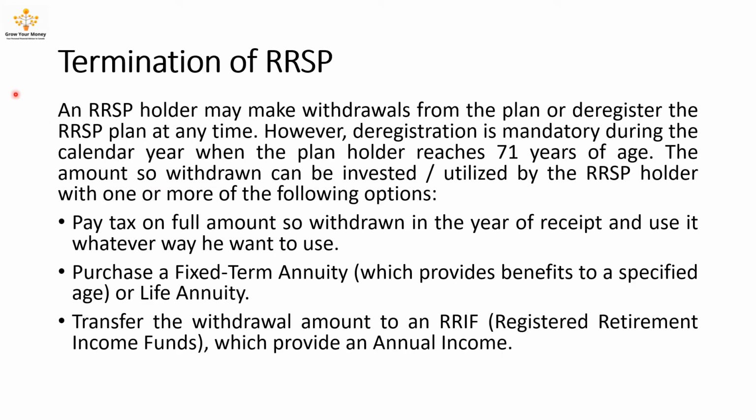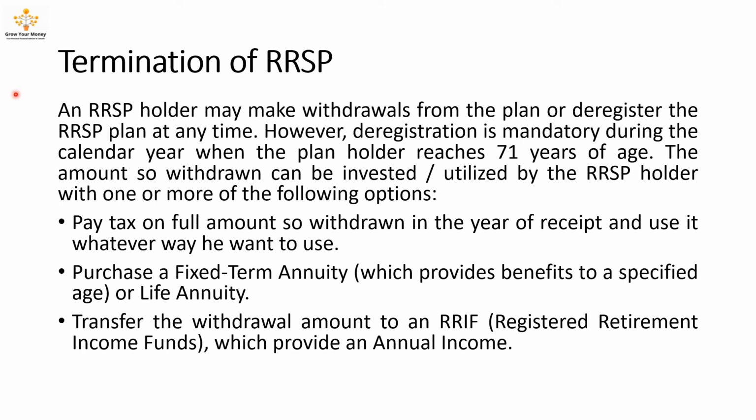There are also certain circumstances with respect to termination of RRSP. An RRSP holder may make a withdrawal from the plan or deregister the RRSP plan at any time. However, deregistration is mandatory during the calendar year when the plan holder reaches 71 years of age.